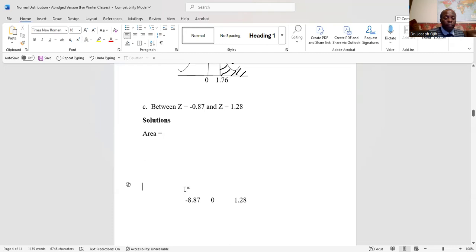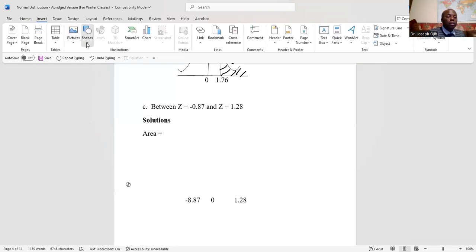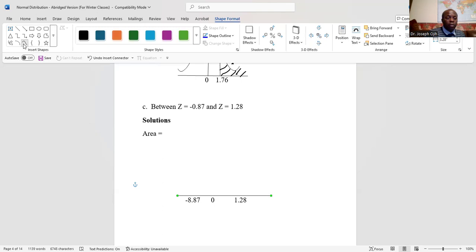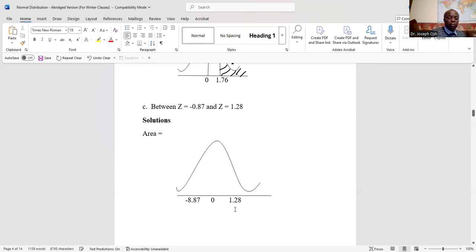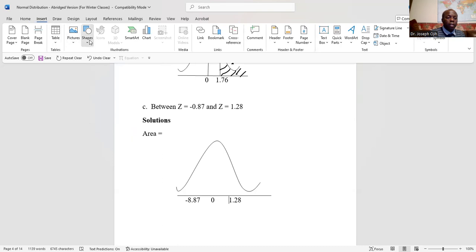Let's draw the chart, please. Then get to our bell curve. Bring this closer. Now we can put the center line.